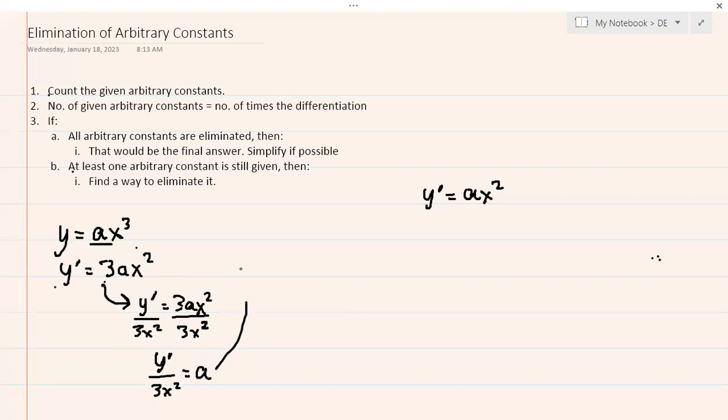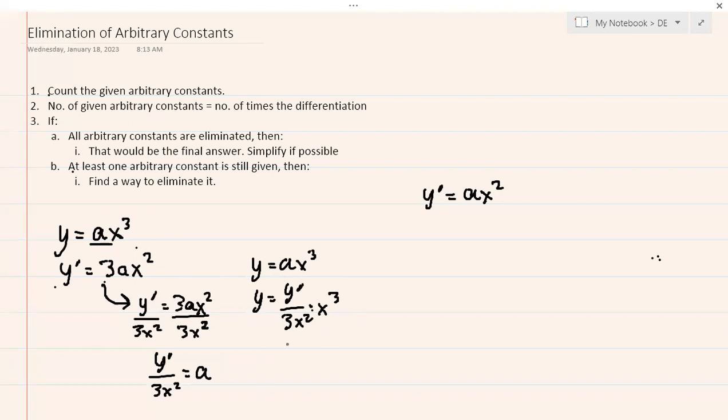So, ngayon, nakita ko na si a, i-substitute ko na siya dito sa original nating equation. So, since we have y is equal to ax cubed, and since a is y prime all over 3x squared, therefore, yung equation natin magiging y prime all over 3x squared times x cubed.